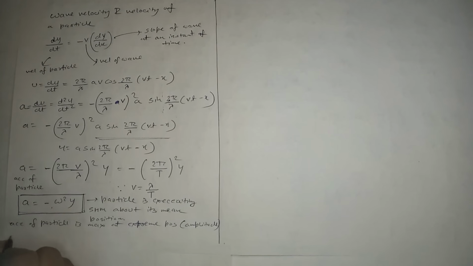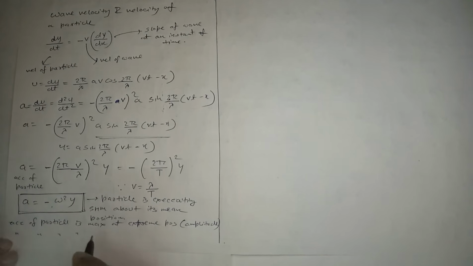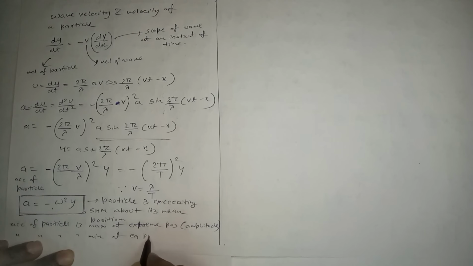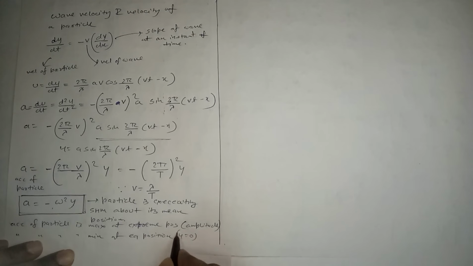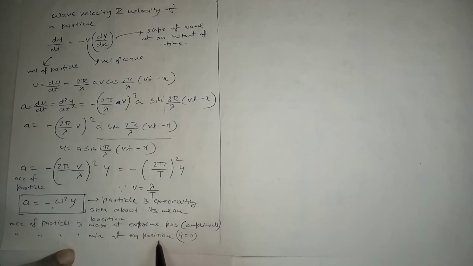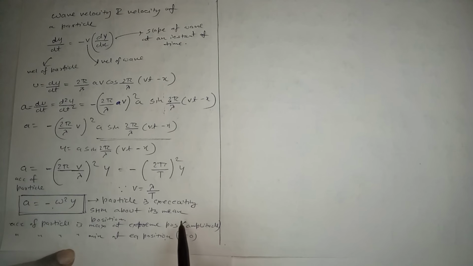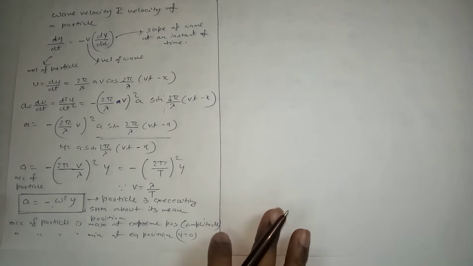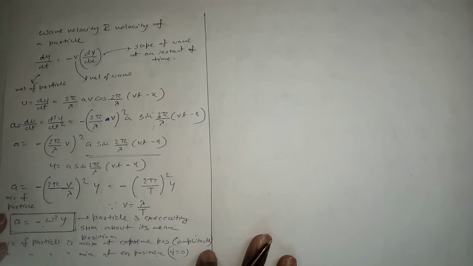And the acceleration of the particle is minimum at the equilibrium position, because y is equal to 0 at that point, but at this point velocity will be maximum. Okay, you can understand that through SHM.